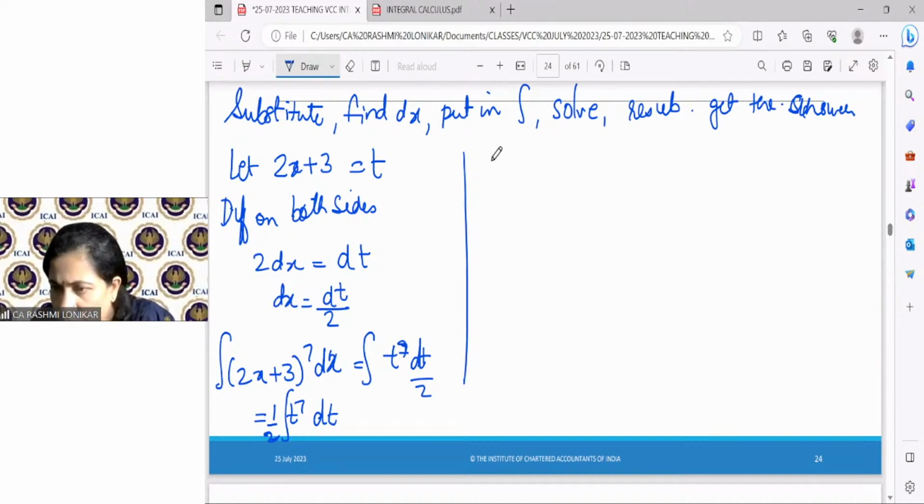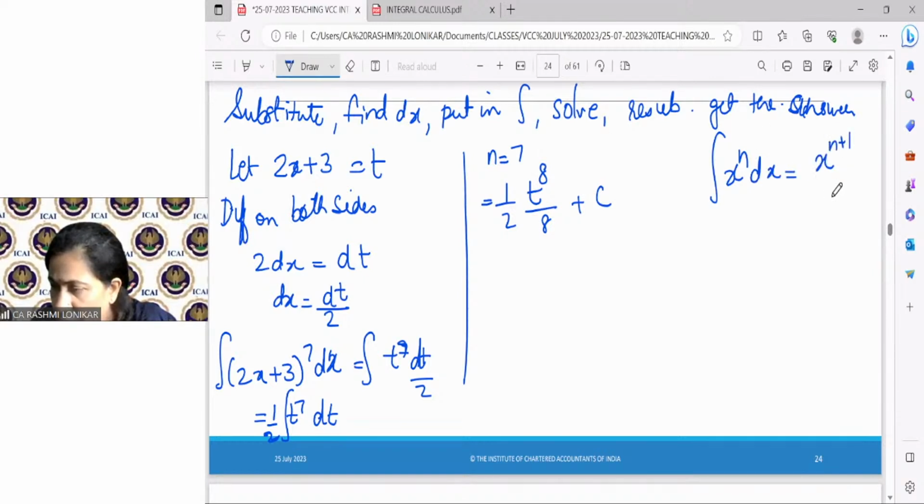Here I'm using the formula, n is equal to 7. So this is equal to 1 by 2 of t raised to 8 upon 8 plus c, because integral of x raised to n dx is equal to x raised to n plus 1 upon n plus 1 plus c. So this is equal to 1 upon 16.